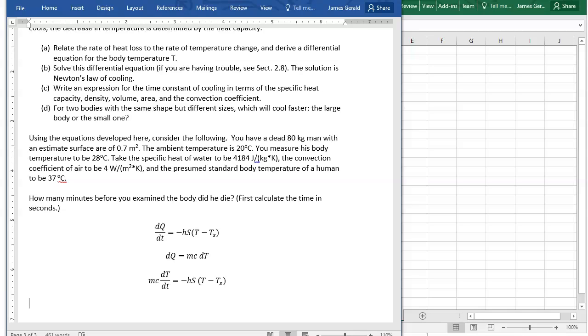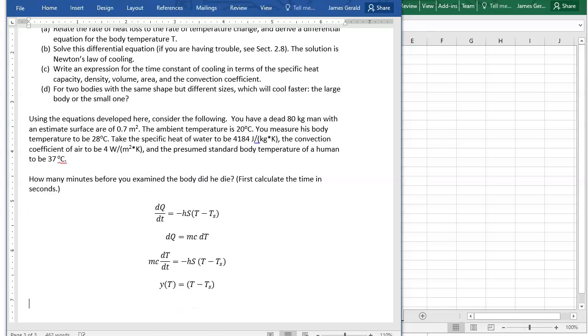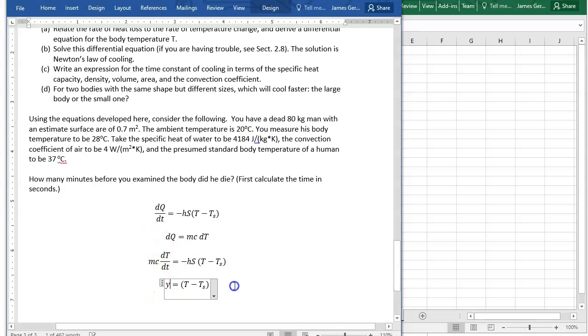I'm going to say we have a function y of t that is equal to just T minus TS. All right. If I do that, I can put y in right here in that dT/dt. The derivative of a constant is 0.